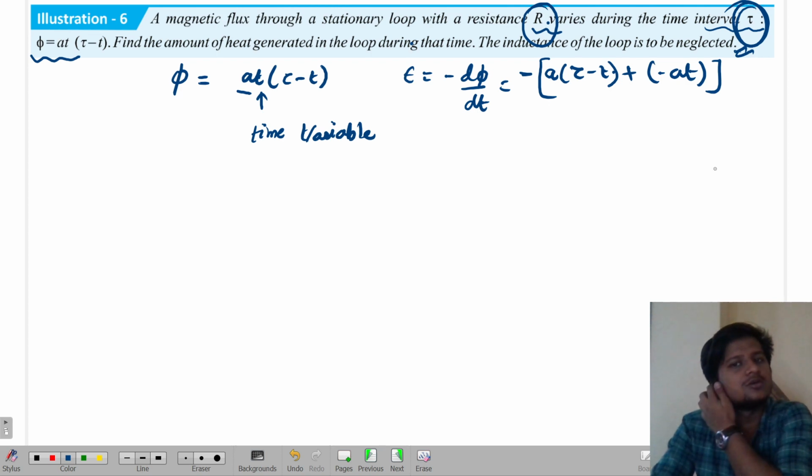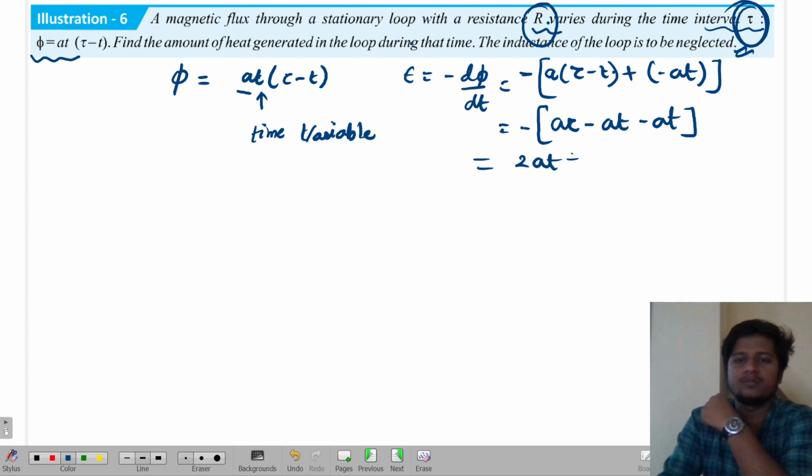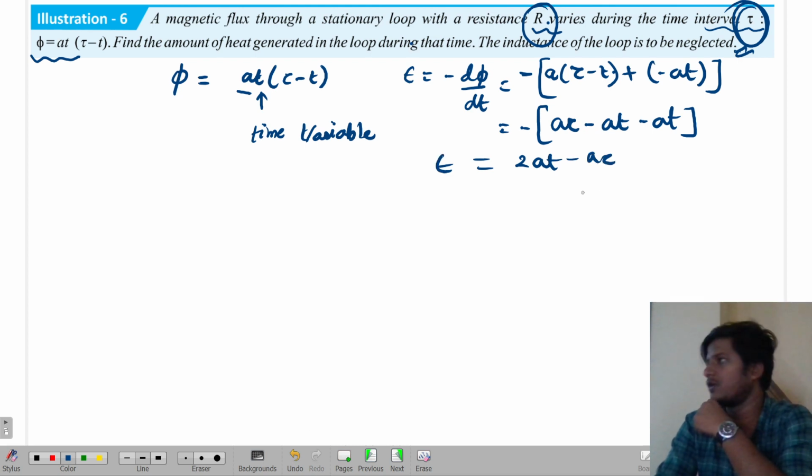What you get here is minus a tau plus a t plus a t. So the answer is EMF equals 2at minus a tau.